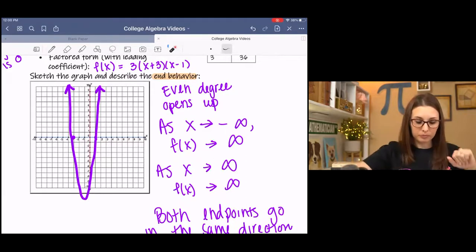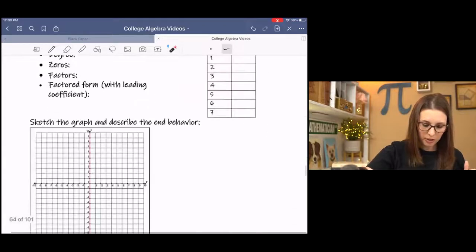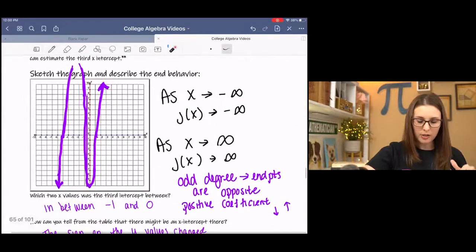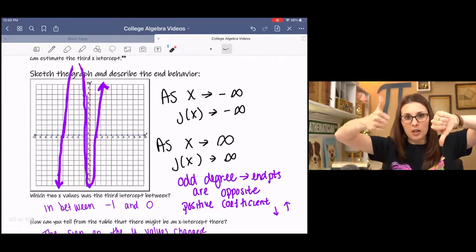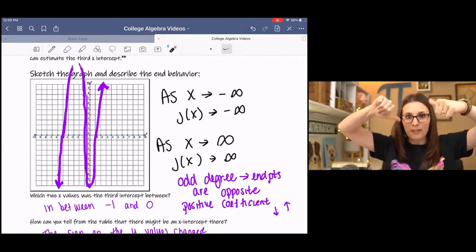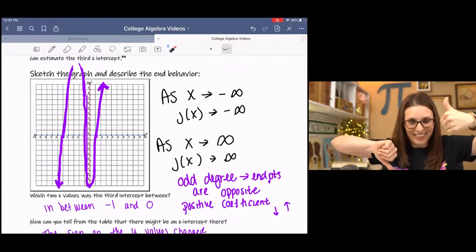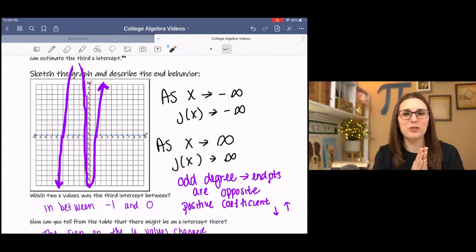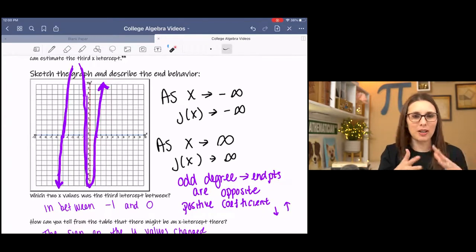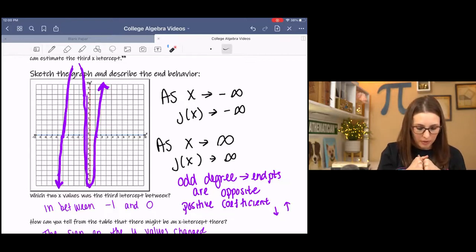Odd degree, if it's positive, it ends up. If it's negative, it ends down. Hopefully you'll do more examples in the homework and see how that comes into play. But I did want to point that out before moving on.